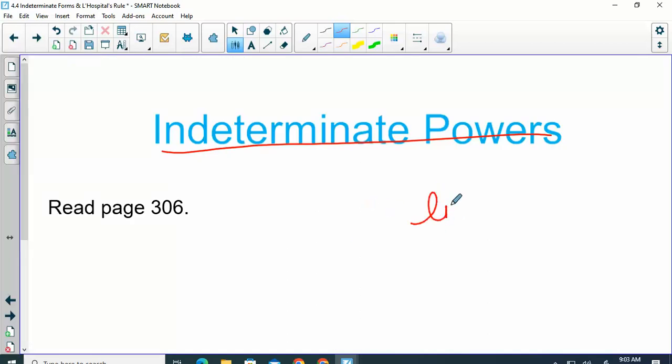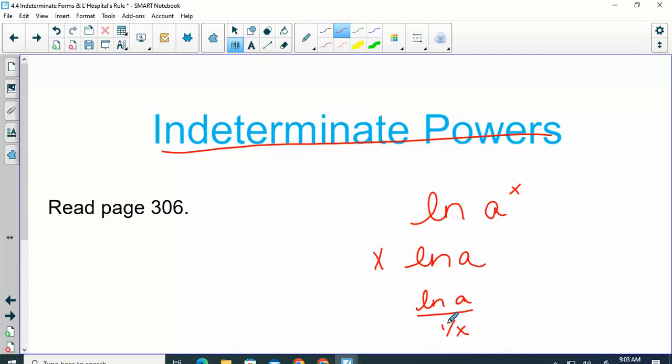If I have the natural log of a to the x power, properties of logs, what happens to the exponent? It goes to the front. And now this is a product, and yesterday we saw products. What do we have to do? Turn them into quotients, right? So we can turn it into a quotient. And then once you get to that point, you can do L'Hopital's.